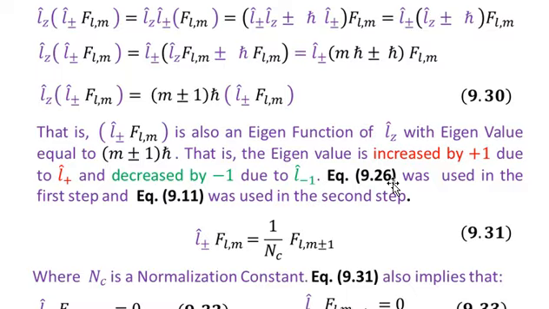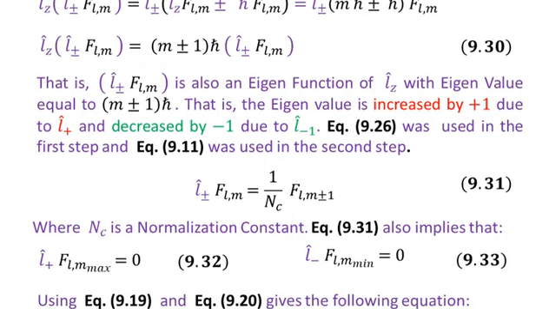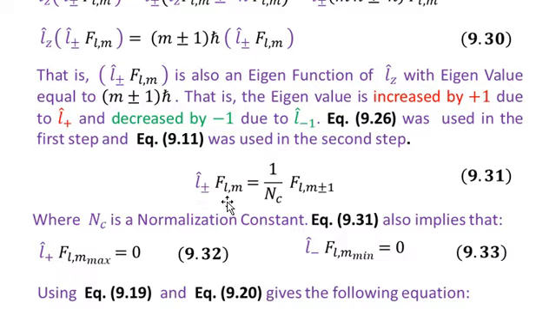So equation number 26 was used in the first step, and equation number 11 was used in the second step in order to derive equation number 9.30. Now, since I know that L plus and L minus are the raising and lowering operators, I can simply write down equation number 31. That is, when L plus minus operates on F L M, you will get the raised or the lowered wave function.